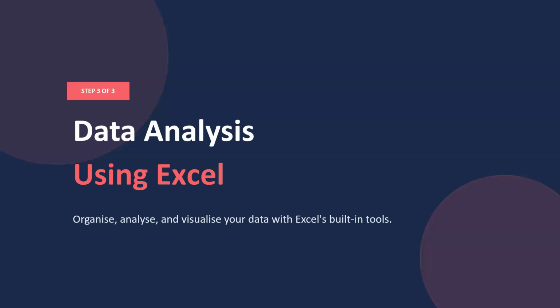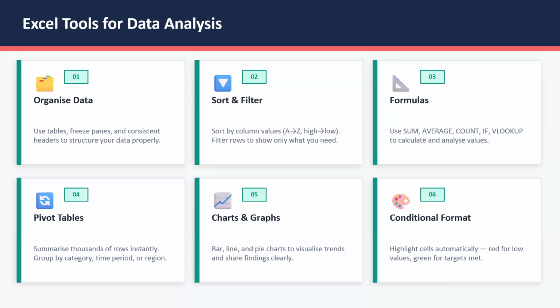All right. Here are just highlights of data analysis using Excel. After you have worked out your problem, objective, and KPIs, that's where you go to Excel to organize, analyze, and visualize your data with Excel's built-in tools.